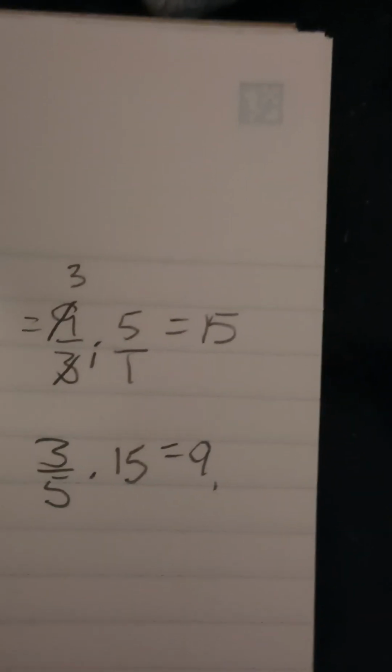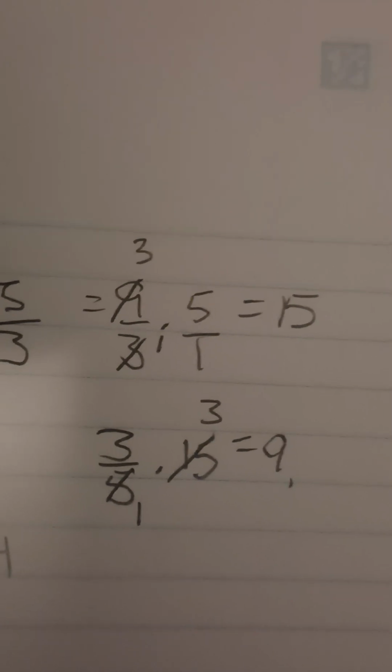Now, I don't have to rewrite the 5 or move it over, but I just did that to show you more clearly. 15 divided by 5 is 3 over 1. So that simplifies to 3 times 3 equals 9, which is, of course, true. So that means that we have solved that problem.